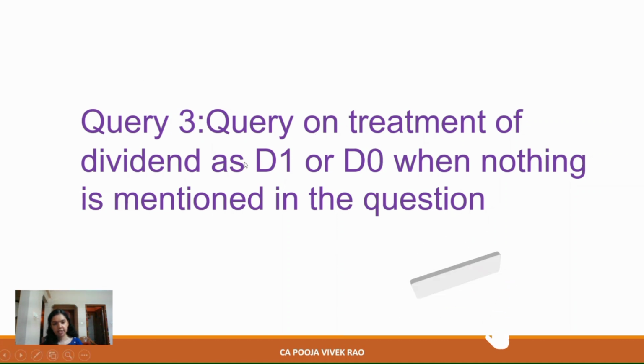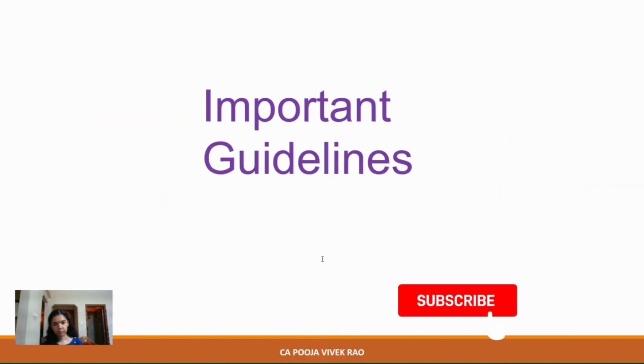If there is any hint in the question, then the same has to be considered. But in case there is no hint, then you can either treat it as D1 or treat it as D0 and continue with your calculation. In both cases, marks will be awarded.